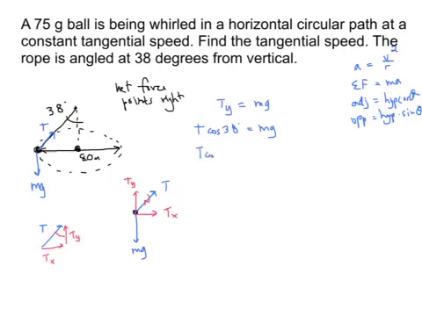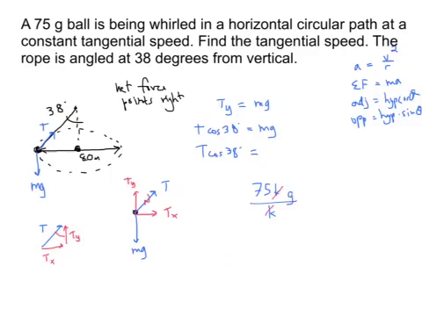Now, the mass is 75 grams. How do we convert those 75 grams into kilograms? Remember, we can just slide the g over and add in our kilo, but to avoid changing the value of mass, you need a kilo on the bottom, so that we still have 75 grams.